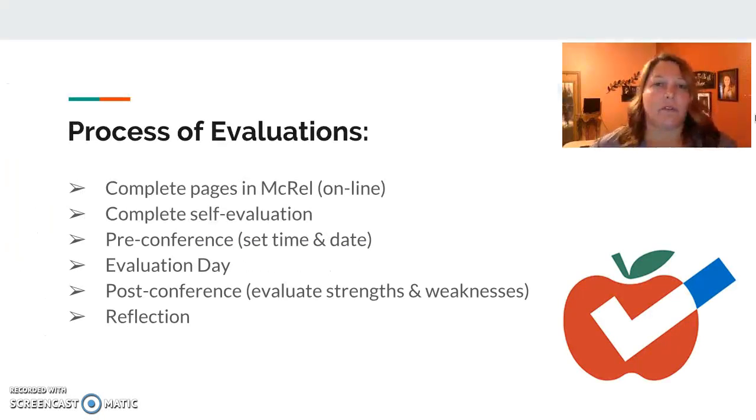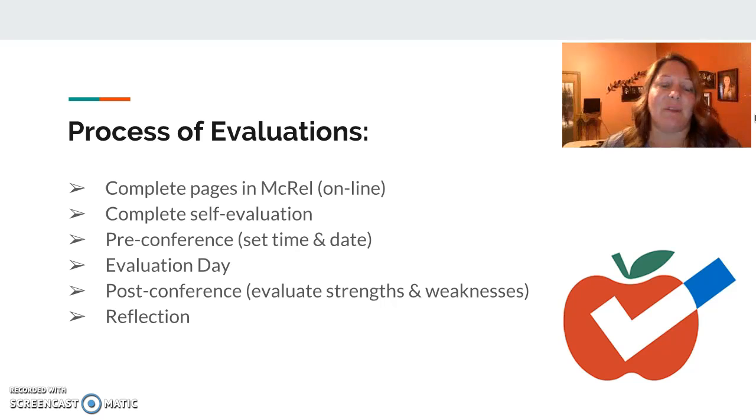So those walkthroughs are all part of the McREL evaluation. The process of our evaluation, again, I've kind of already talked about this, but we complete our pages in McREL all online. We complete our self-evaluation. We set up a pre-conference with our principal or superintendent. We set a time and date. My principal lets me choose when I want him to come in and which lesson I want him to observe.